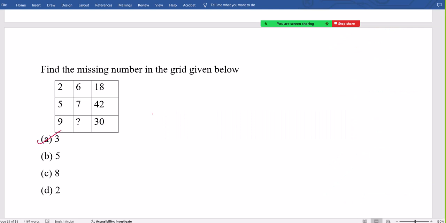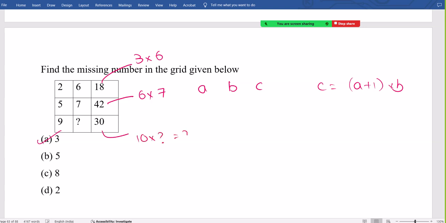Superb. Add 1, let's say A, B, C. C is nothing but A plus 1 into B. Add 1 to that. This is 3 multiplied by 6. This is 6 multiplied by 7. Added 1 to that. This is 10 by something should be 30. Means question mark must be equal to 3.